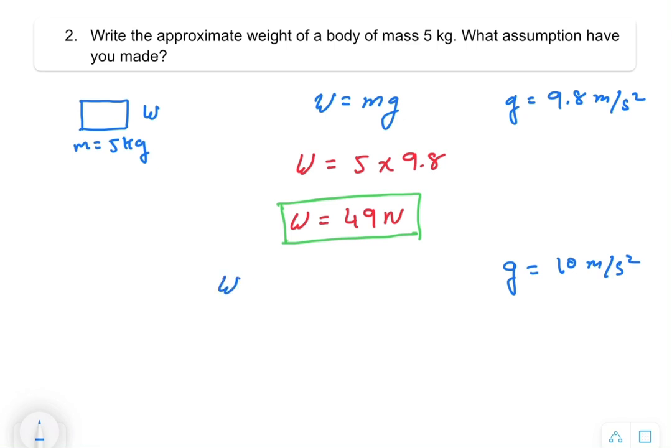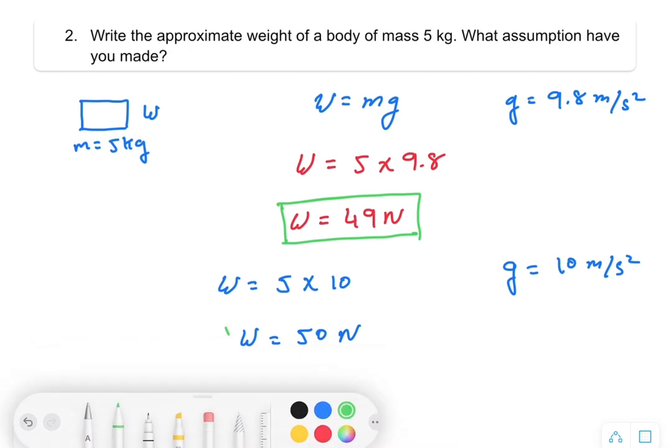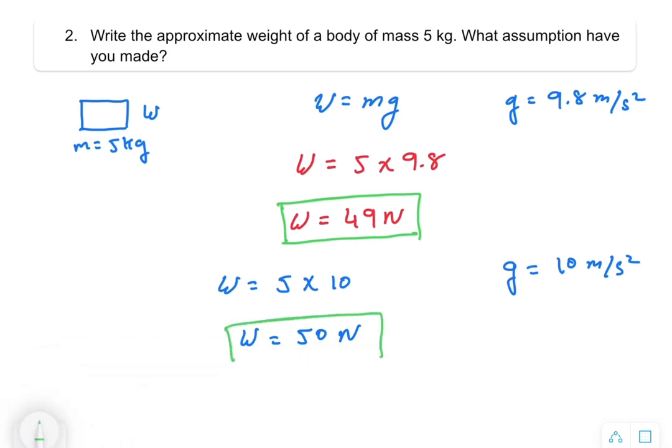In that case, weight will be 5 multiplied by 10, so it would be 50 newtons. If the value of g is not given in the statement of the problem, you can take g as 9.8 meters per second square or 10 meters per second square.